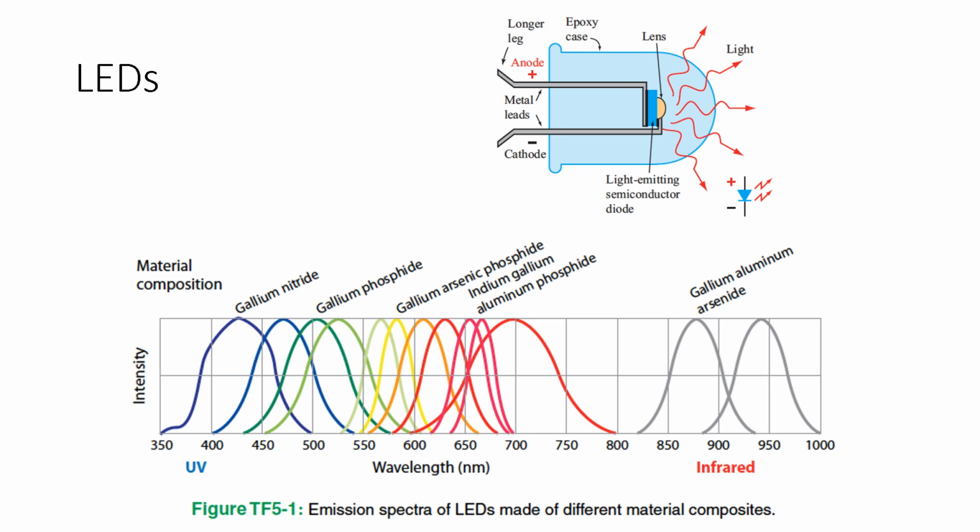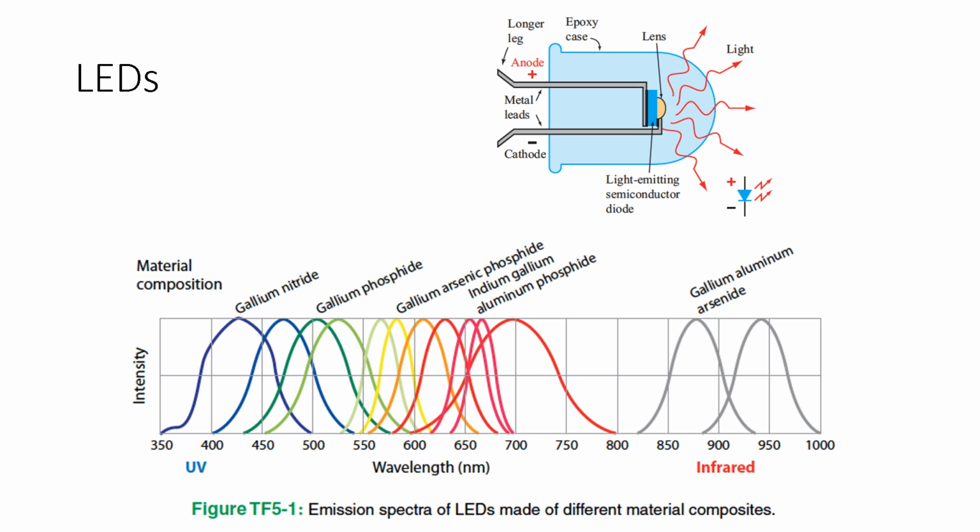These are different material composites that allow different colors to be made in LEDs, with different semiconductor doping. So gallium nitride, gallium phosphide, indium gallium, gallium aluminum arsenide. Each one of these is responsible for producing different colors of light. It comes down to the physics of how much energy the photons coming off have and what their wavelength is.